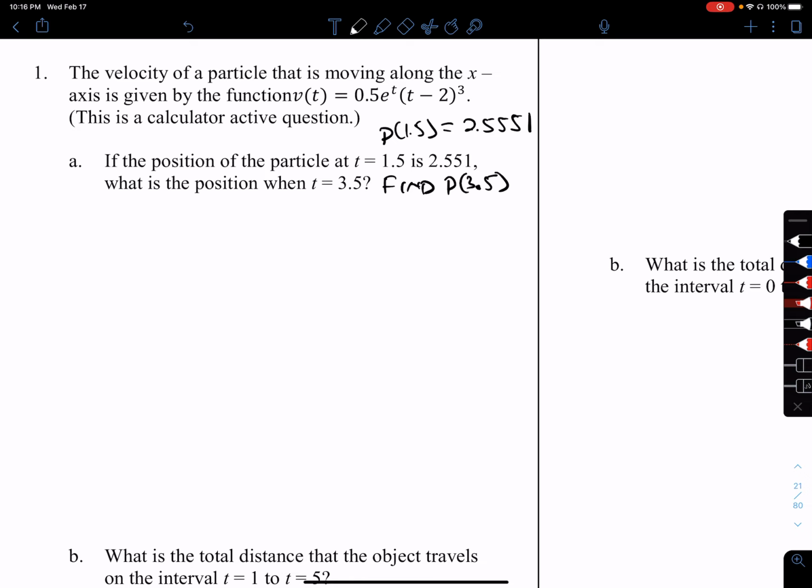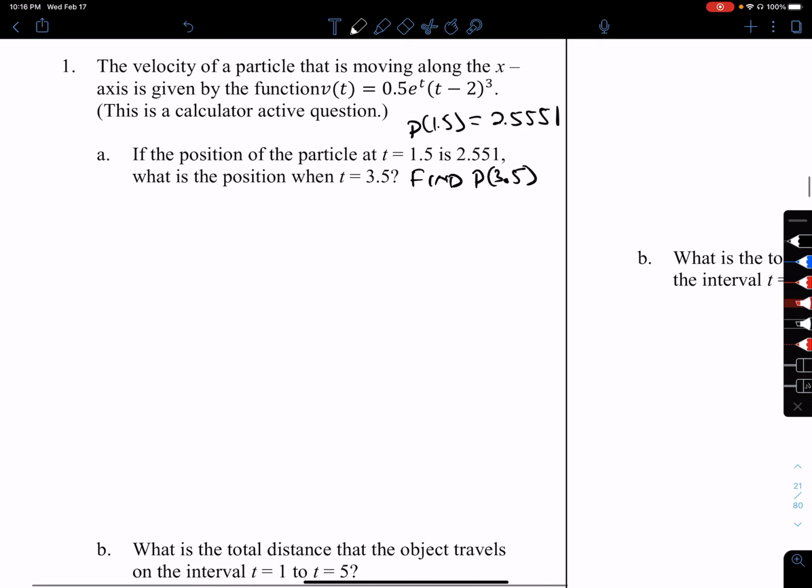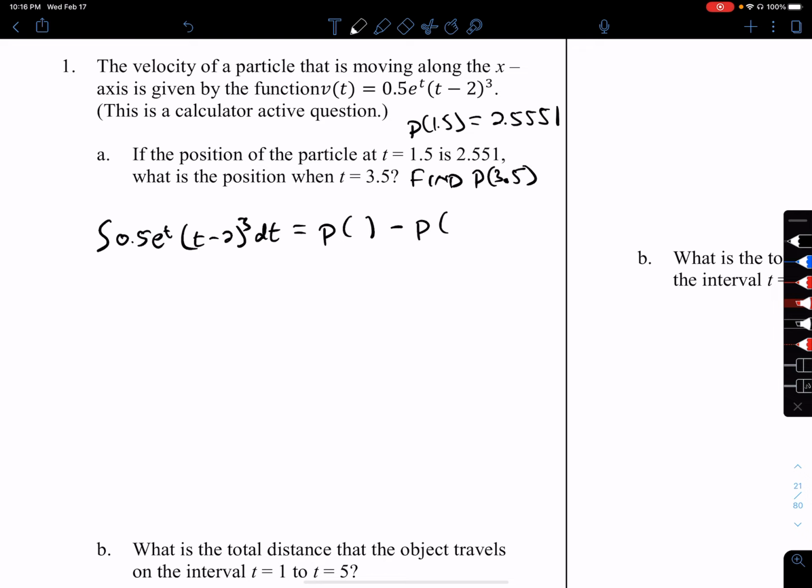Using the fundamental theorem of calculus, if we integrate the velocity function, which is 0.5 e to the t times 2 minus t cubed, with respect to t, this should equal the position of the function at some time minus the position of the function at some time.